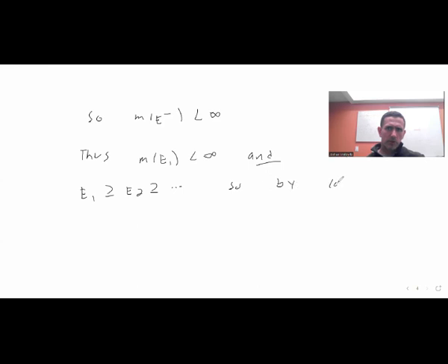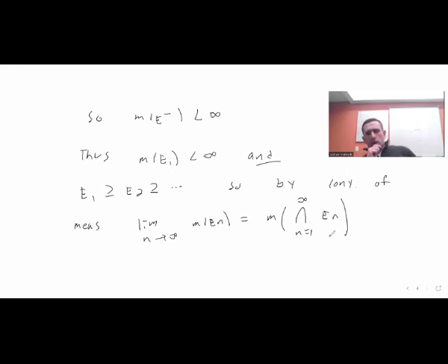Okay, so by continuity of measure, we have the limit is the measure of the intersection. Okay.